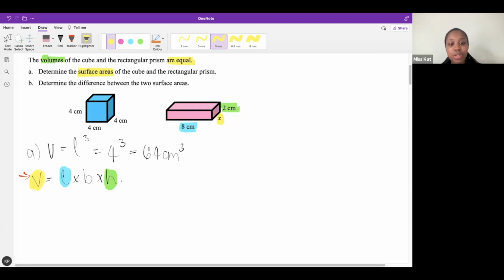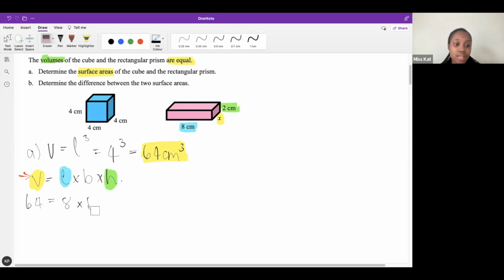So we have the volume because we just figured it out, right? Why do I say it's 64 centimeters cubed, guys? How do I know it's 64 centimeters cubed? There we go. While you tell me how I know, I'm going to substitute. So 64 is my length times the breadth, which is what we want.